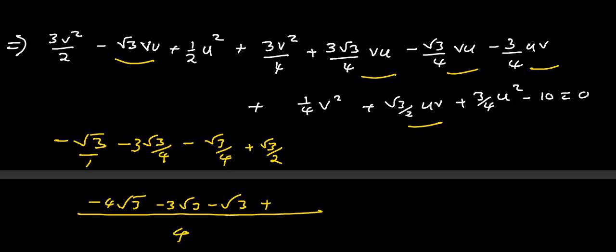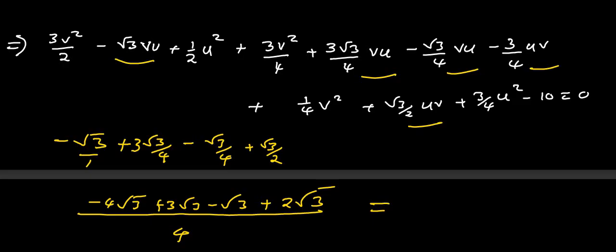Okay, have I made a mistake somewhere? This is positive, negative, negative, that's negative. Then this is going to give us 2 root 3. Okay, this is positive. Sorry, the 3 is positive. Yes.